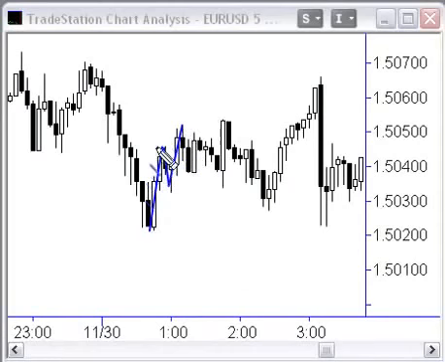Now we definitely have higher high, higher low, higher high. We're in an uptrend. And then we come back down here, use a higher low, lower high, lower low. Now we're in a downtrend. Now we've got a higher high. You see, it keeps switching all the time.